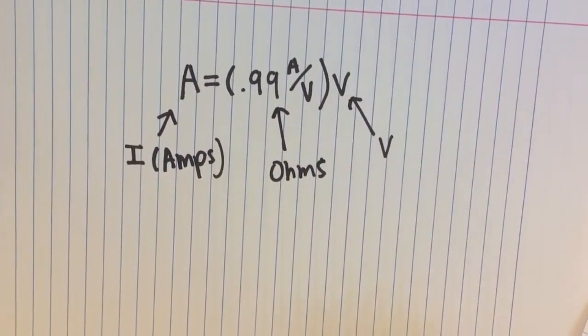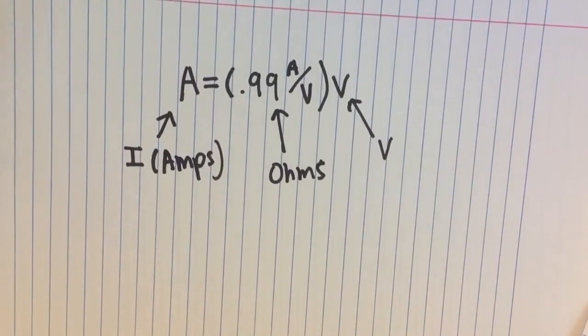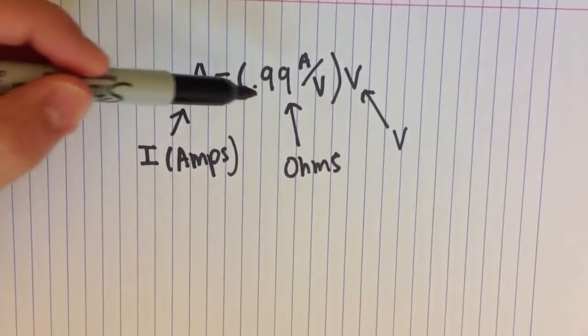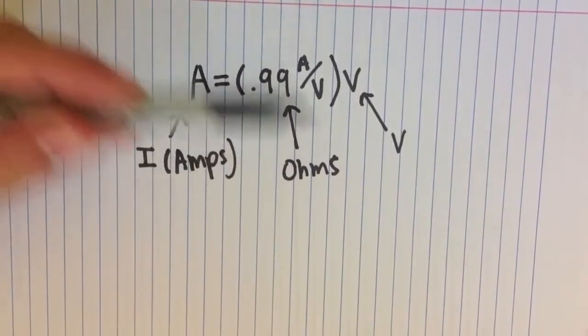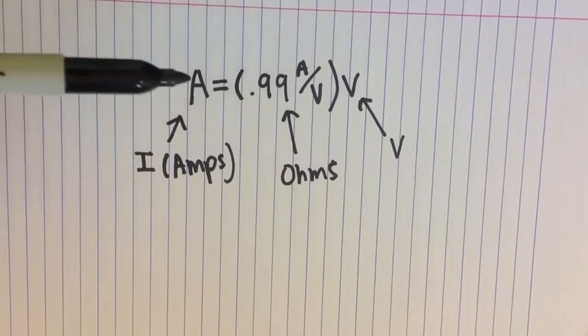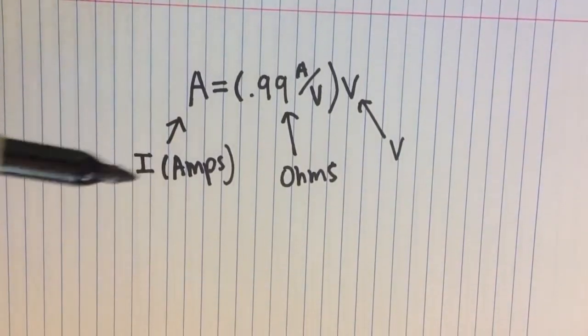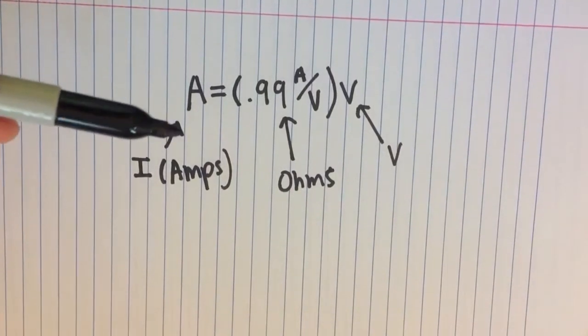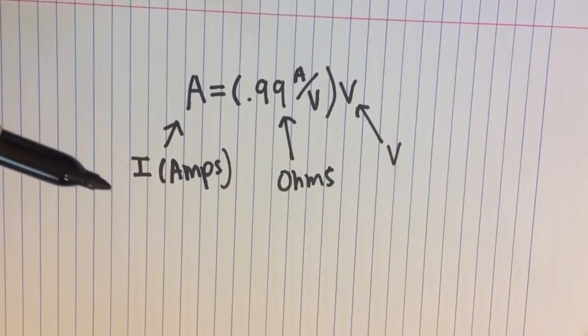Well, if you think back to our experiment, we said that ohms would be our control. So we said that this number is going to be constant no matter what else we change. And also you remember on our whiteboard it said that 0.99 was ohms throughout every single trial that we did in the experiment.